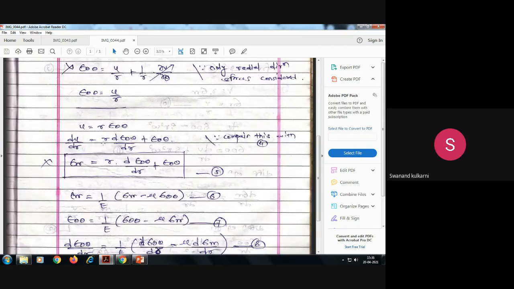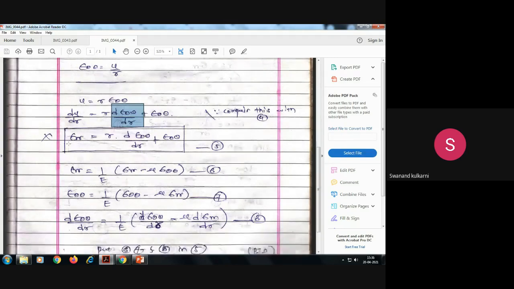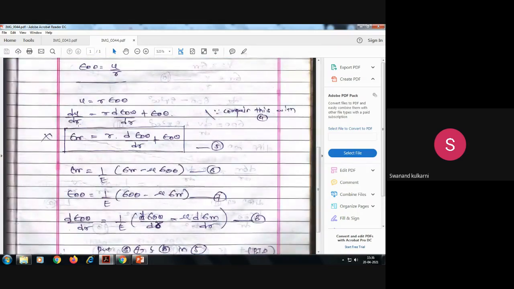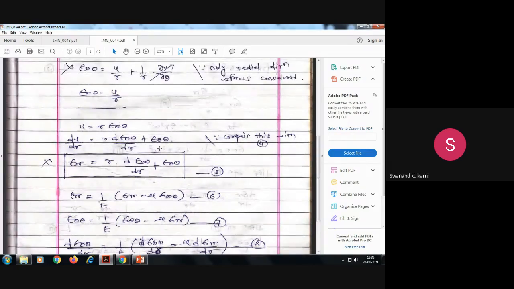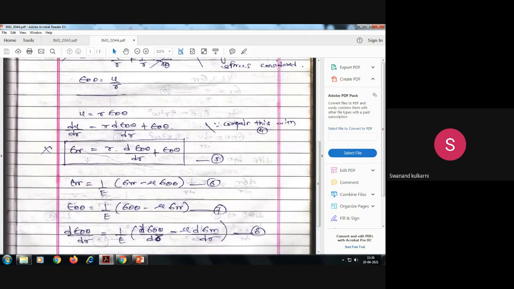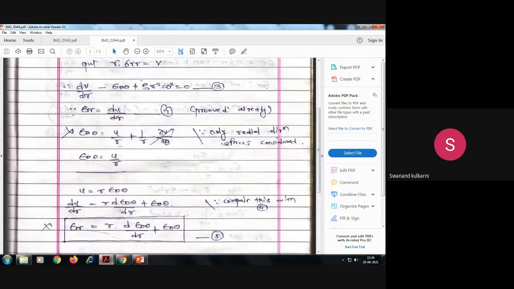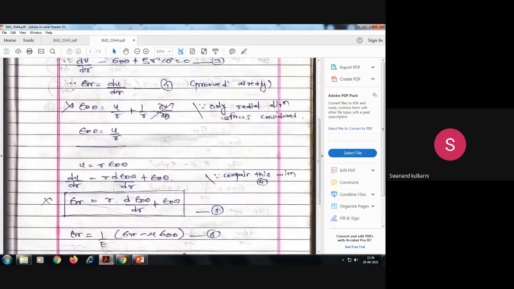du by dr is equal to first function as it is into derivative of second, plus second function as it is into derivative of first. Like this, we got here du by dr is equal to r d epsilon theta theta upon dr plus epsilon theta theta. Is it okay? So like this, for epsilon rr we already have the equation.